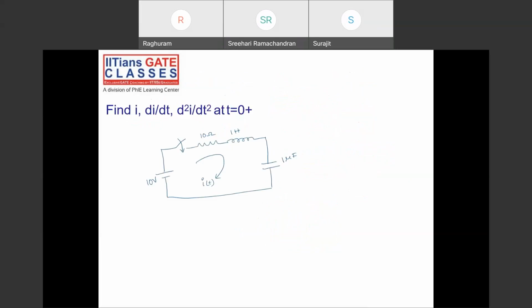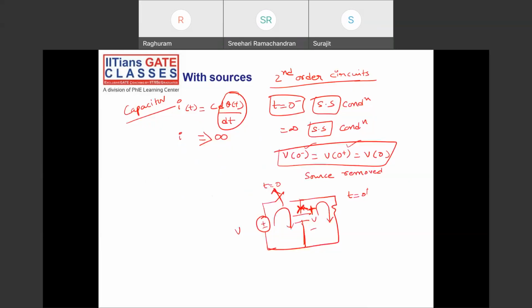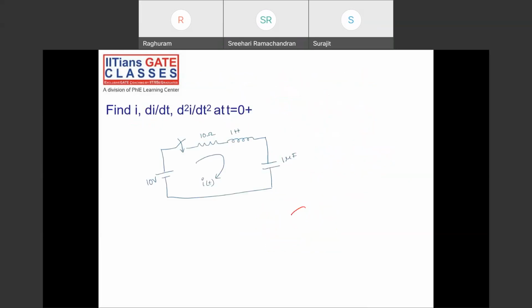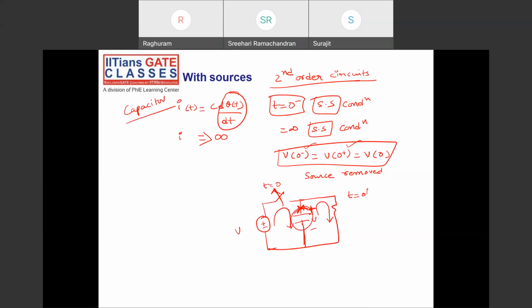Understood this? So the capacitor acts as a voltage source at t equal to 0. The capacitor can be replaced by a voltage source, only for t equal to 0 plus, not always.